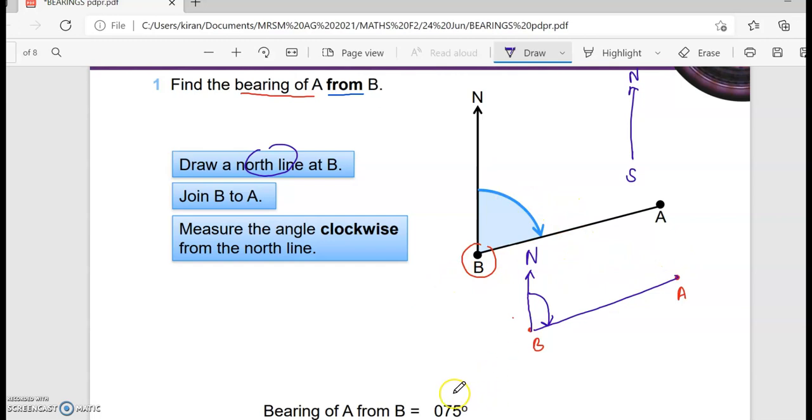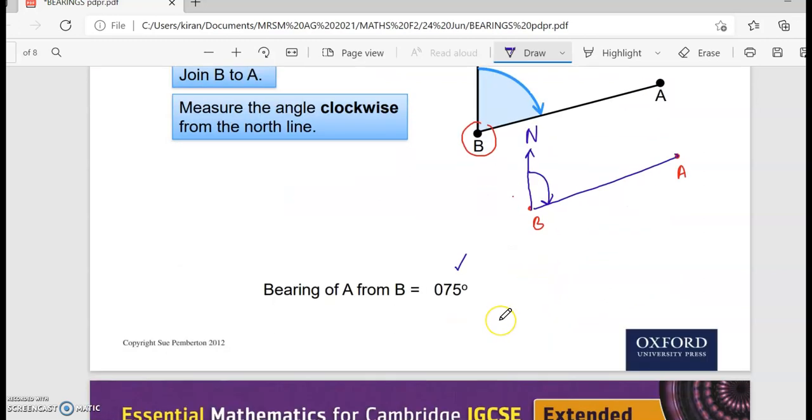So the bearing of A from B is 75. Syarat pertama untuk you write bearings ni, mesti dalam 3 numbers. Kalau bearings tu less than 100, maknanya dia hanya dua numbers macam ni kan, 75. So you kena write in 3 figure numbers.